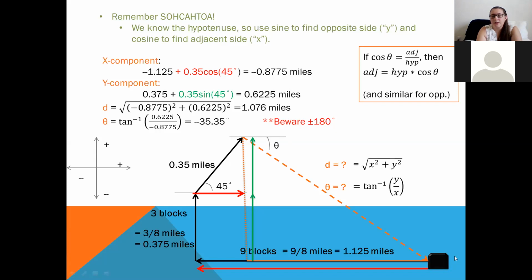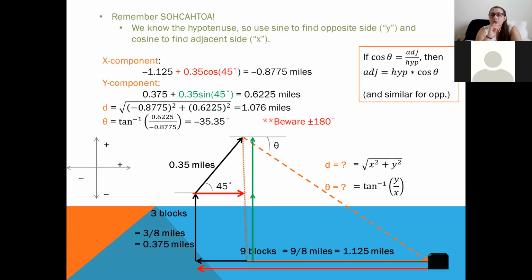So we would have to add 180 degrees to our answer. And that's just because when you take the inverse tangent of something, there are two numbers that would give you the same inverse tangent answer. And your calculator can only give you one of them.